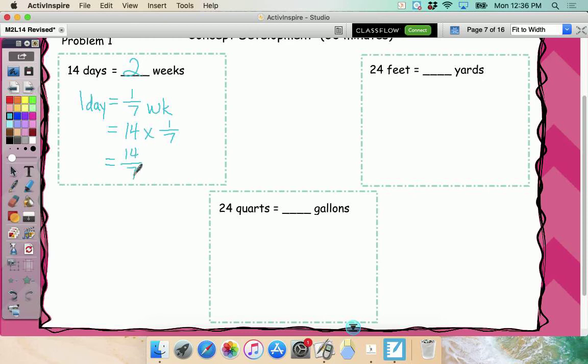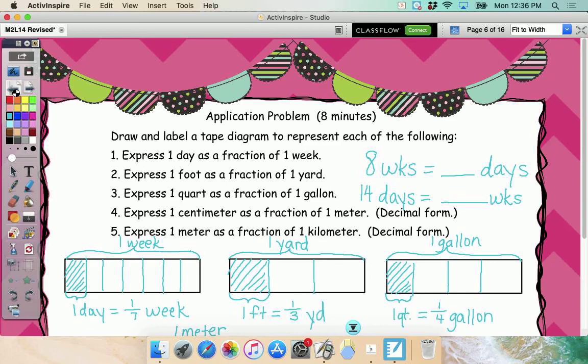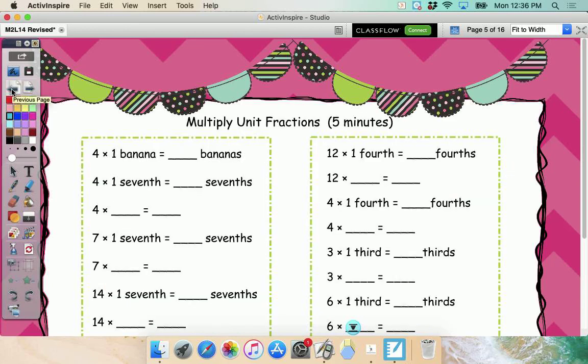Now, how do I know that I don't change the 7? Anybody remember this? I think I showed you on Friday, but I'm not sure. The denominator of the fraction does not change, and I want to show you why. I'm going to go back a few pages, okay, to this one.